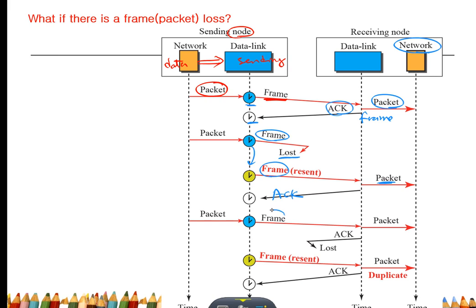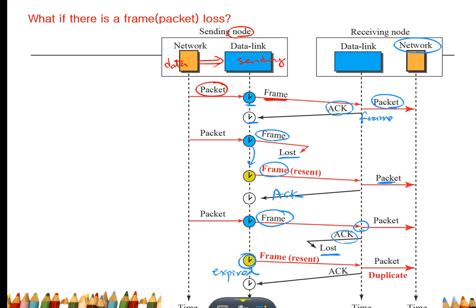Suppose the frame was successfully delivered, but unfortunately the acknowledgement frame was lost while coming from the receiving node to the sending node. And then we consider the timer is expired, right?